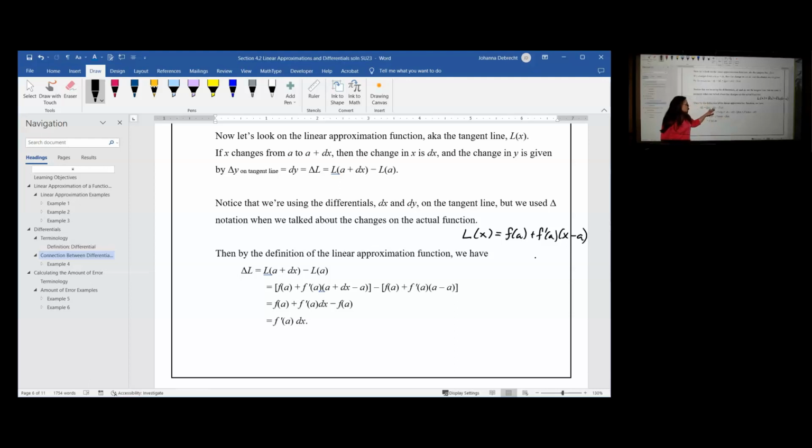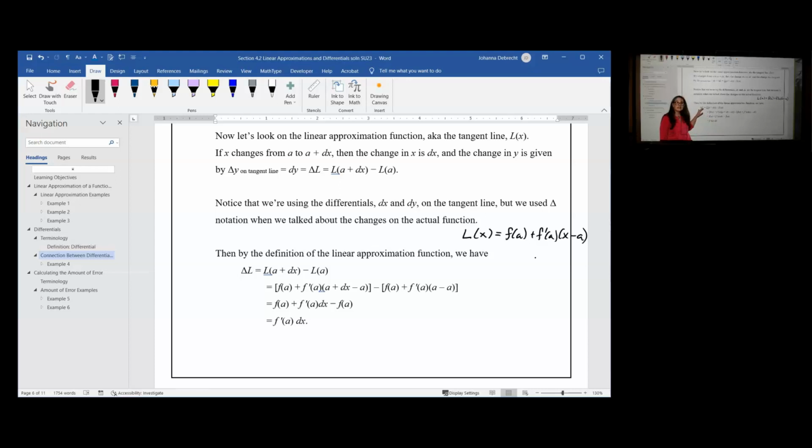We take these values, a plus dx and a, and substitute them into the definition of the tangent line approximation. Notice that in the first one, this gives us an a plus dx minus a, and the a's cancel to give us a dx. In the second one, we end up with a minus a, which gives us 0. So the second term drops out, and we get minus f of a. But the first one had a positive f of a, so the f of a's drop out.